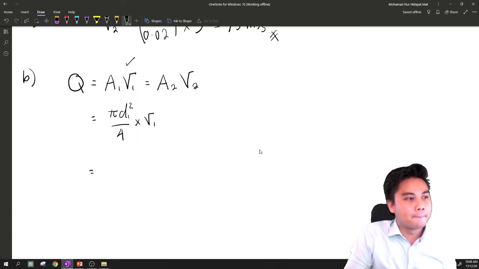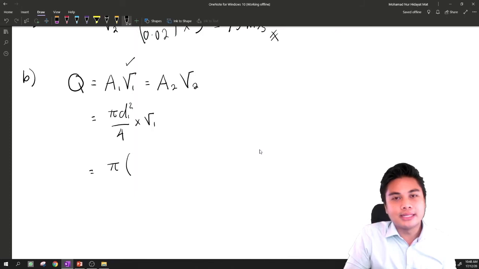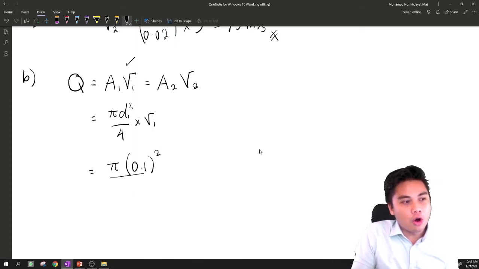So pi, diameter at point number 1 is 100 mm, converted to SI unit. Make sure you use all your units in SI. So it becomes pi times 0.1 meter squared over 4, multiplied with 3.